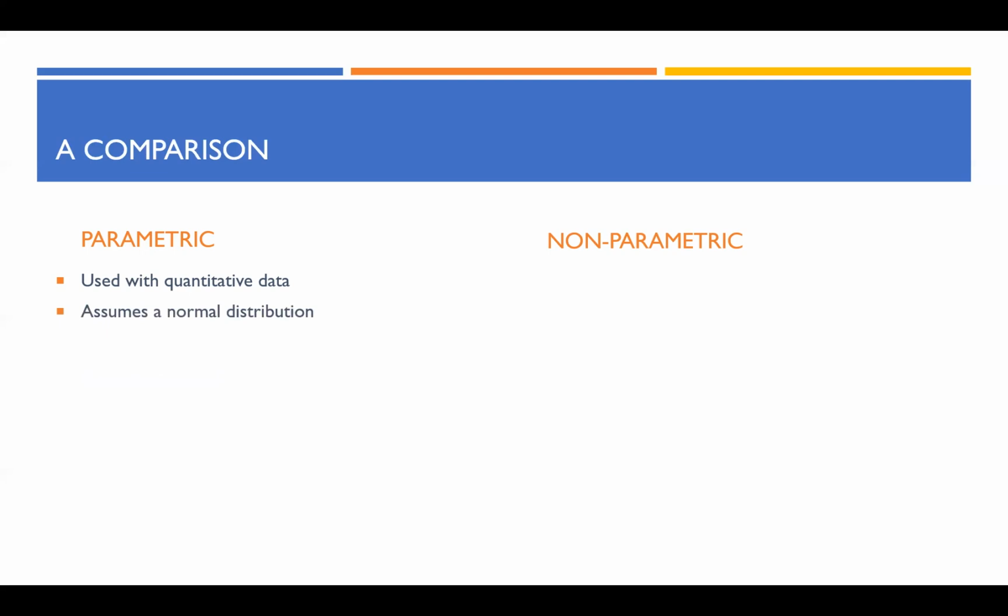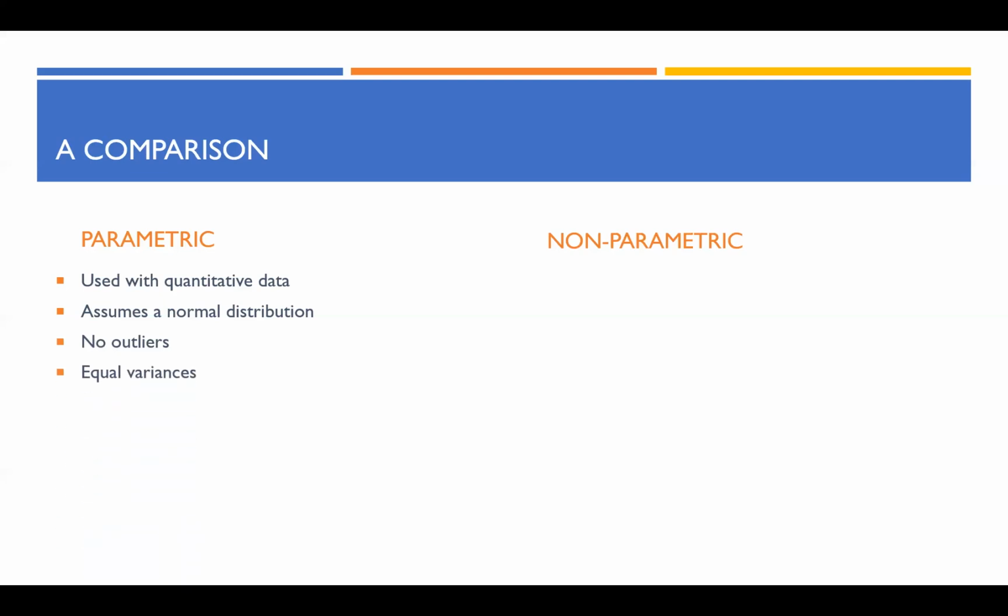For a parametric test, we do have to make several assumptions about the data. The primary assumption that we make is that the data is taken from a normal distribution. That variable has a normal distribution, and that there are no outliers. A parametric test is best if there are no outliers.